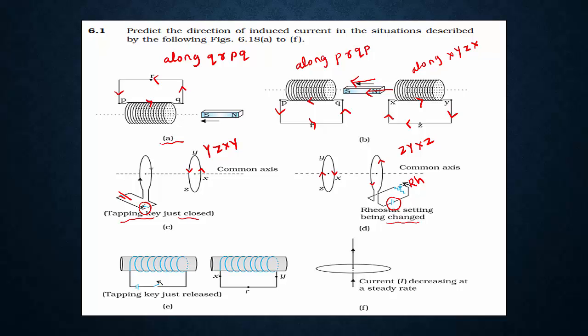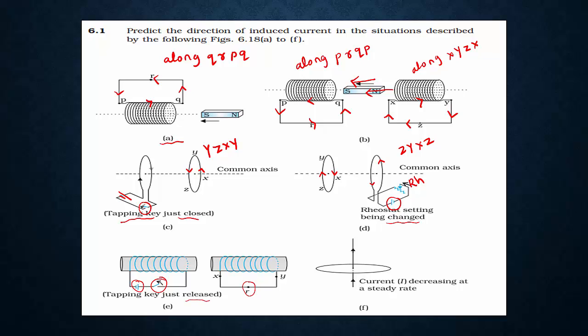Then come to the fifth diagram. Here there are two coils. The first coil is connected to a battery and the tapping key. The second coil is connected to, you can take this as a resistor. We are going to induce EMF in the second coil. Here the sentence is given: tapping key is just released.